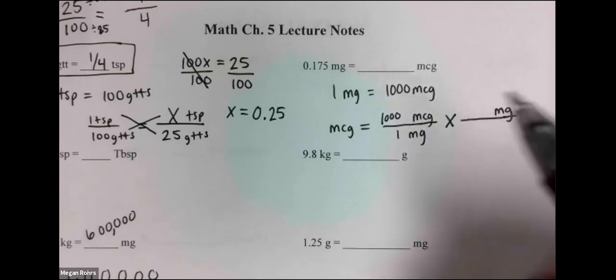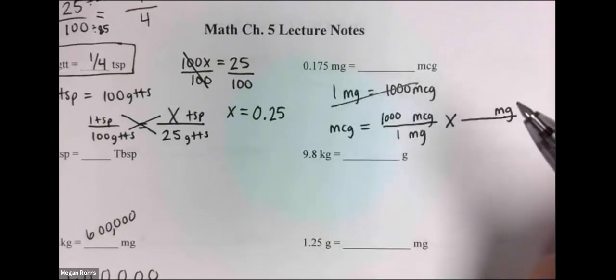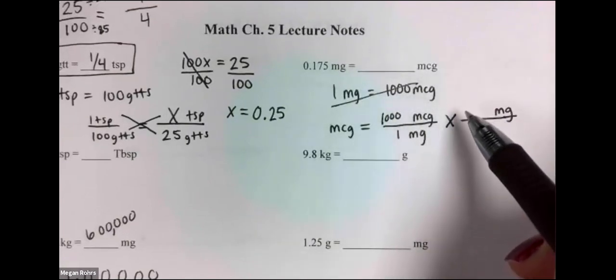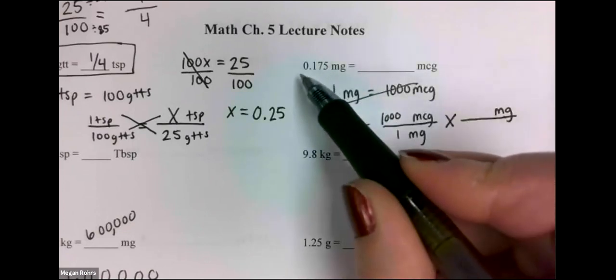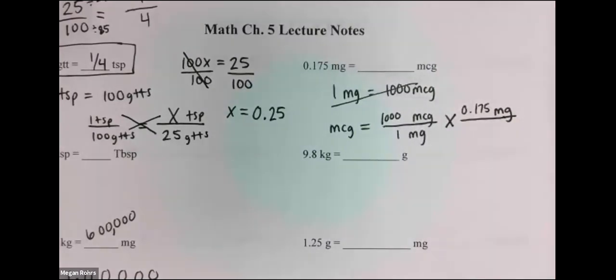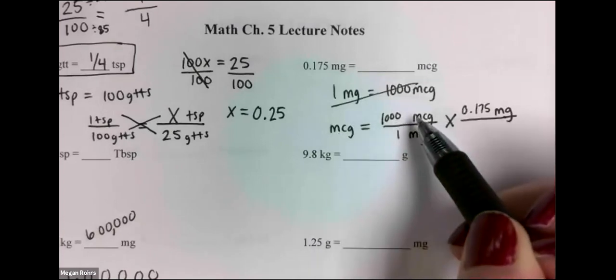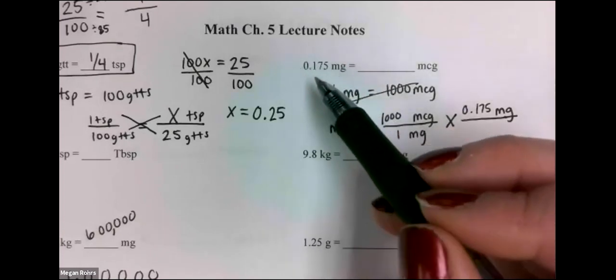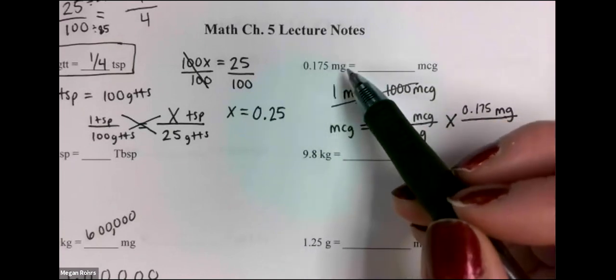So now I've already used my conversion factor, so I don't need to use that again. So let's see what we know about milligrams. Well, I know that I have 0.175 milligrams. I'm solving for micrograms, so I'm solving for this unit on top. This here is by itself. It's just standing alone by itself.